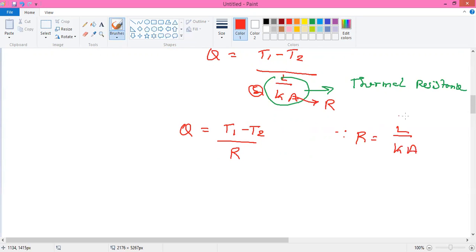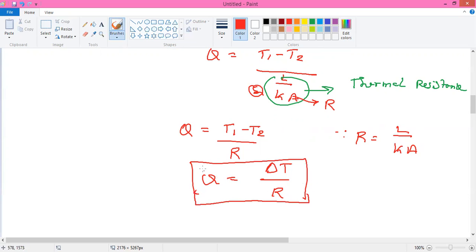L is the thickness, K is the thermal conductivity, and A is the element area. Again using the equation, the difference T1 minus T2 is the change in temperature, delta T, divided by R. This is the final formula for heat transfer rate through a plane wall.